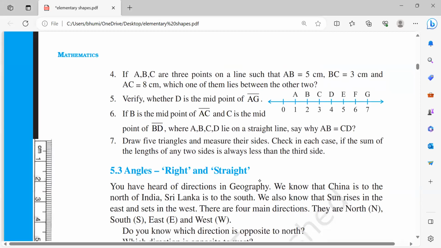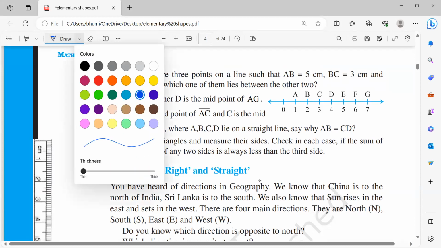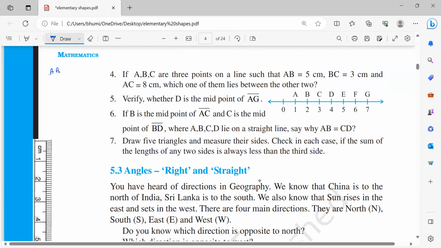Fourth point is, if A, B, C are 3 points on a line such that AB is 5, BC is 3 and AC is 8, which one of them lies between the other two? We know this because we have seen it in another question. Given is that AB is 5 centimeter, BC is 3 centimeter, AC is 8 centimeter.